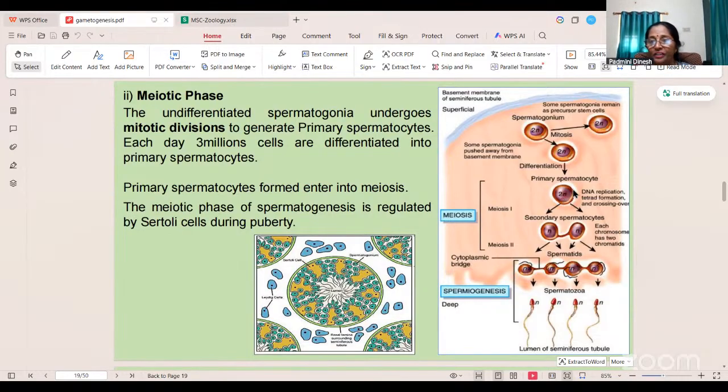Now, these 46 chromosomes have to undergo the meiosis 1 division. Remember, meiosis has two divisions, meiosis 1 and meiosis 2. After meiosis 1, they divide into two cells, and these two cells are called secondary spermatocytes. That is, 46 have become the haploid number of chromosomes.